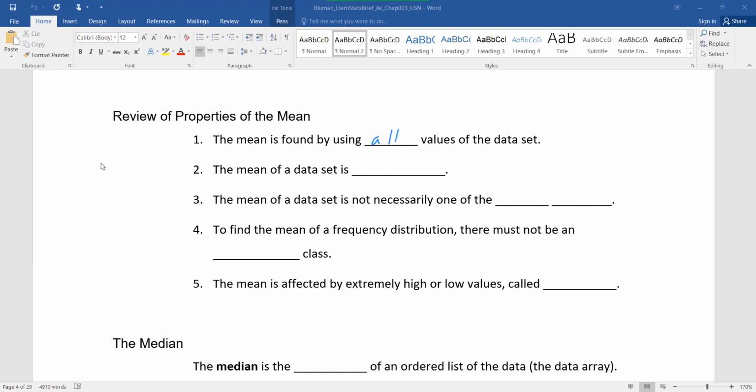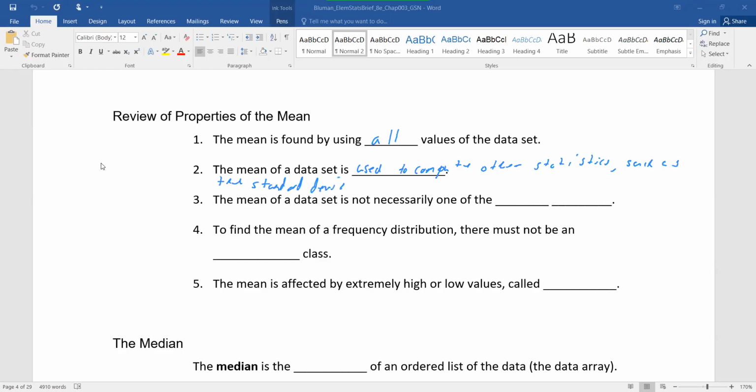The mean of a data set is used to compute other statistics, such as the standard deviation, which we haven't told you about yet.